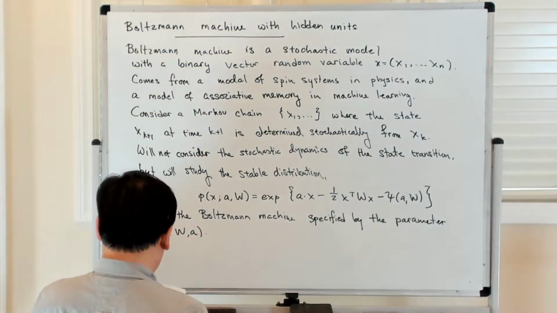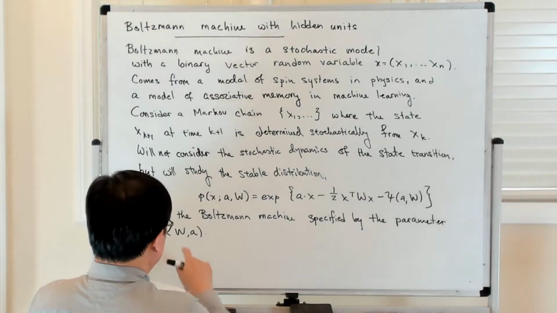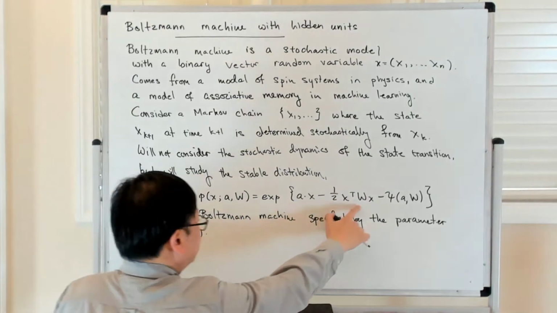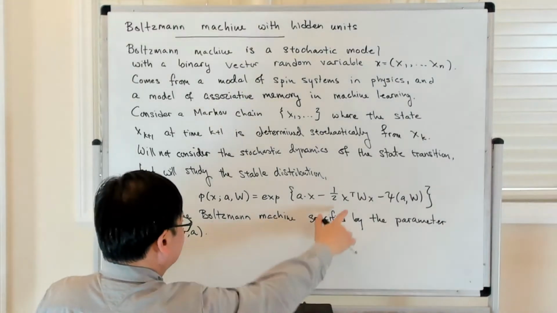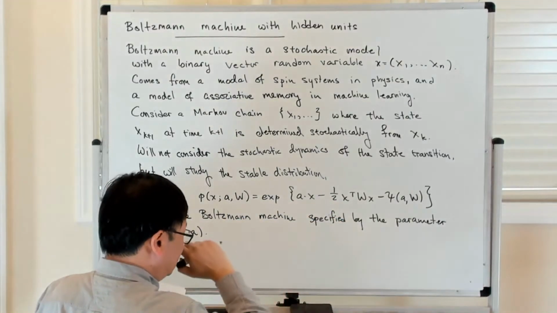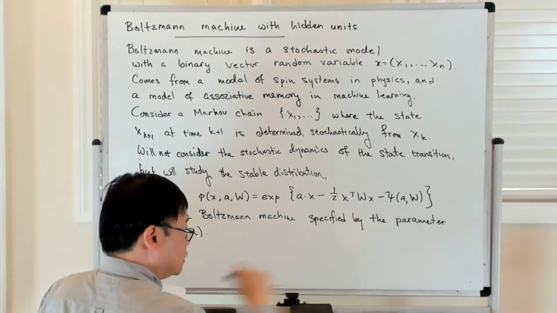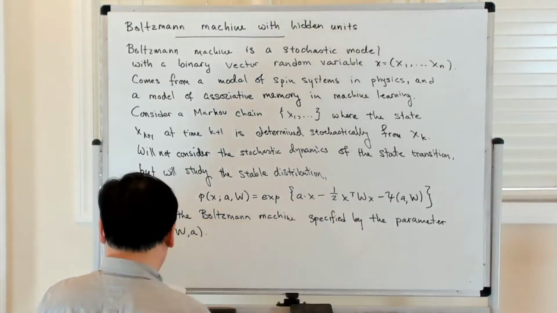What's going to happen is that this W is going to be a matrix, and you can imagine that the matrix W is measuring the connectivity between the components.